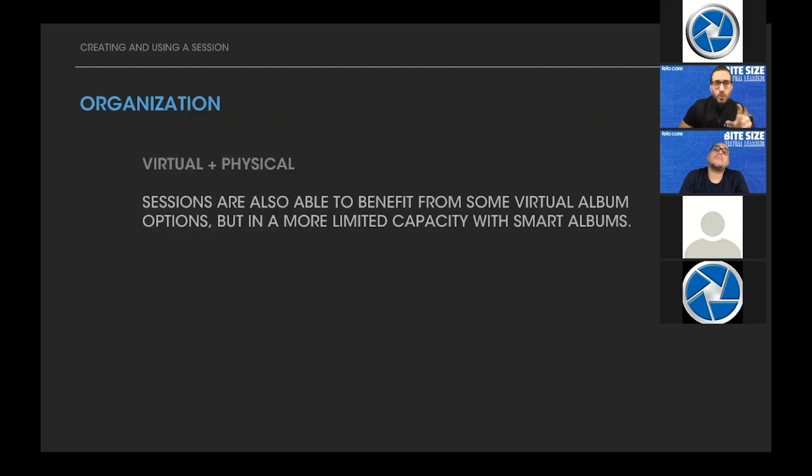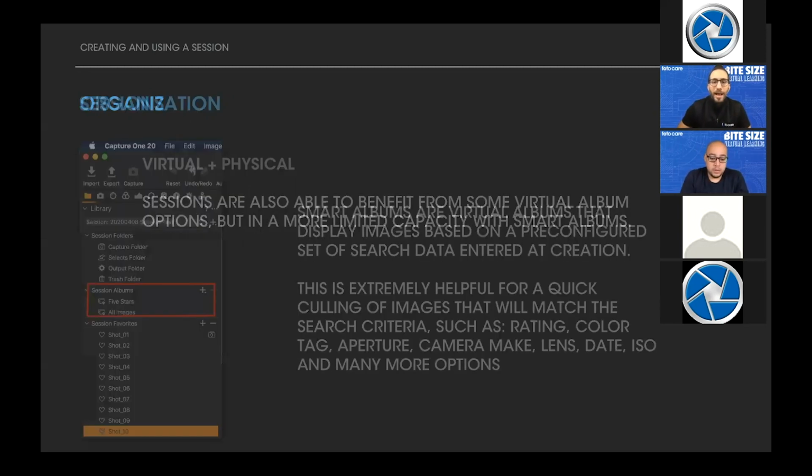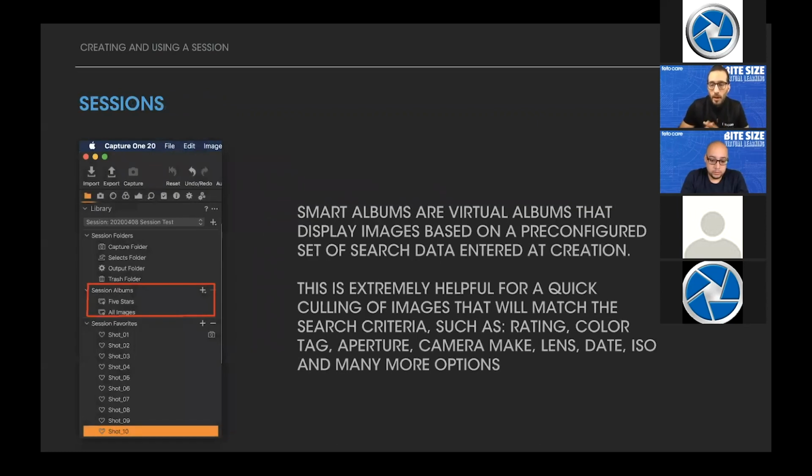Organization, virtual and physical. While you're creating your shot folders out of physical folders, sessions also allow you to benefit from some virtual album options, but in a more limited capacity. Smart albums are what I was just briefly talking about. You get 5-star and all images by default, which will show you those images.